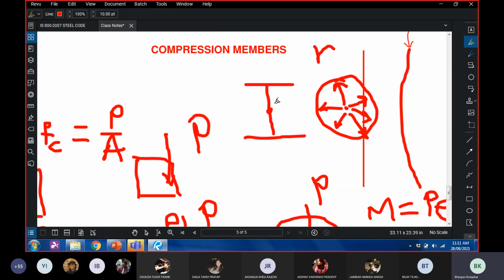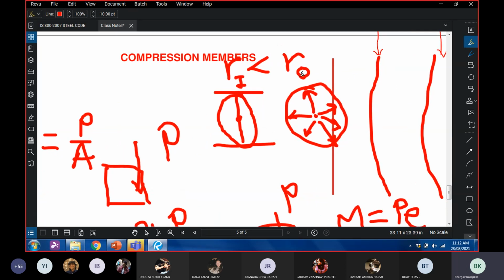But if you look at an I section, there are many parts which are in the proximity of the centroidal axis, and therefore the value of r here would be less than the value of r here. So let us say this is an I section, this is a circular section. Just by looking at the values of r, I can see that this is a better compression member than this.